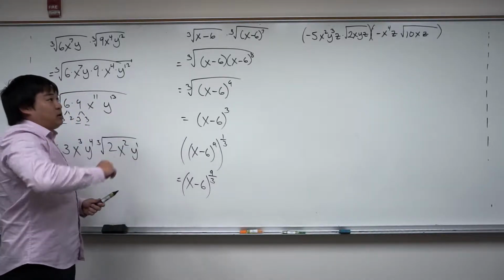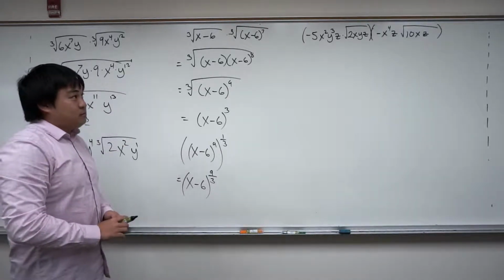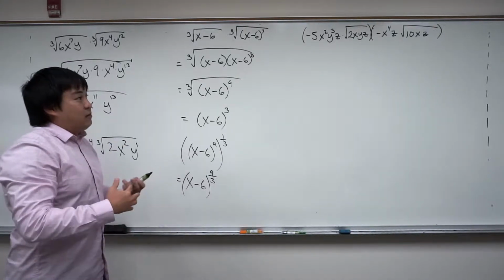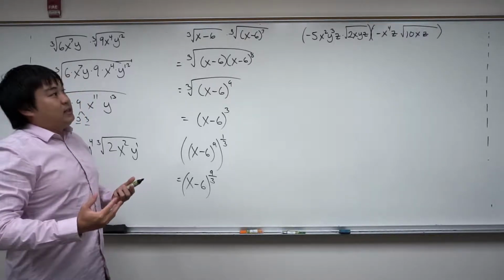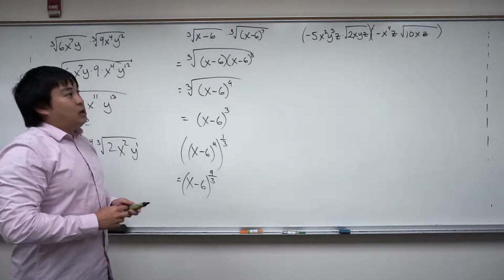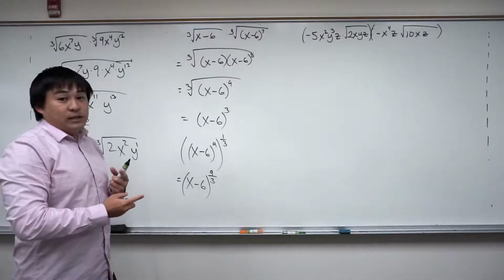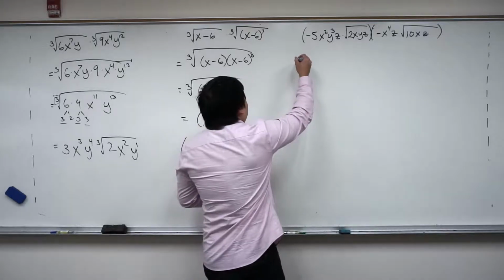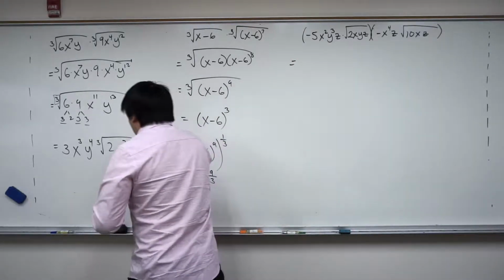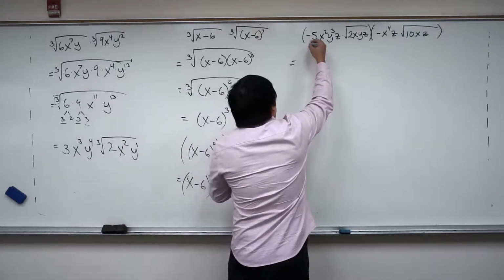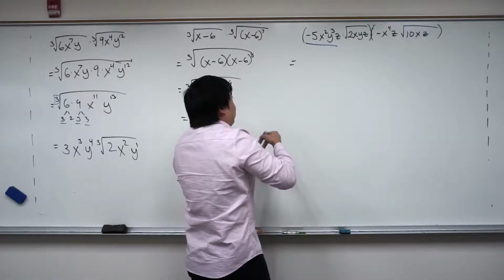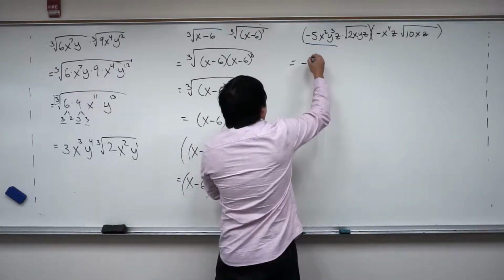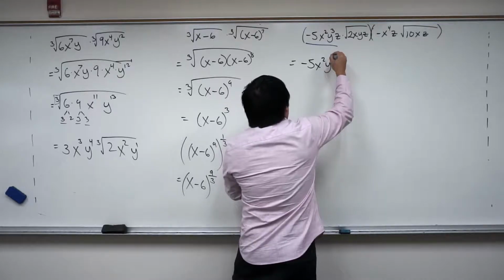So let's do that last problem, and this last problem is fairly difficult. We have a multiplication problem, but not everything is in a radical, right? So what I need to do is I'm going to move things around by using the commutative property. So here, this first part can be written out in the front. So minus 5 x squared y cubed z.